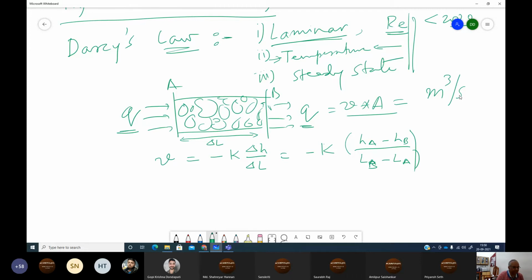Okay. Now can anyone tell me why I have put the minus sign? Now H is the potential, or we call it head. I am going to explain it to you. Why the minus sign?